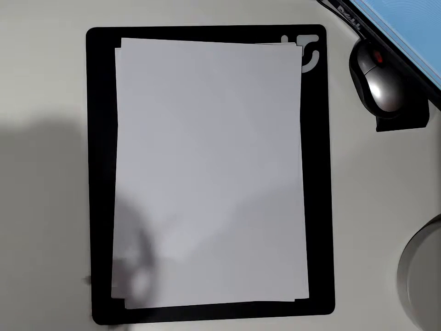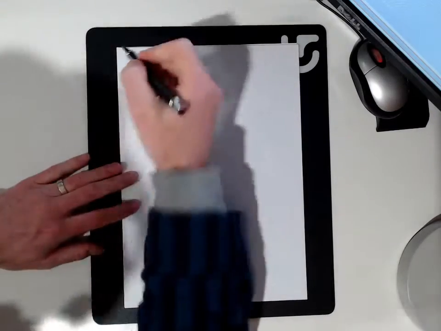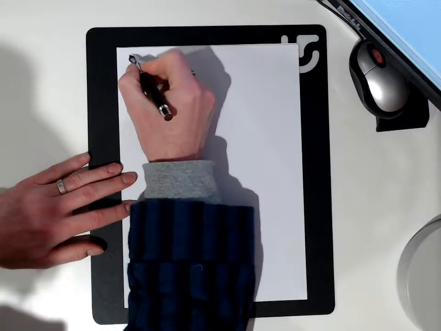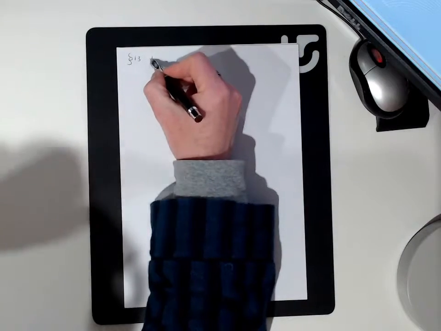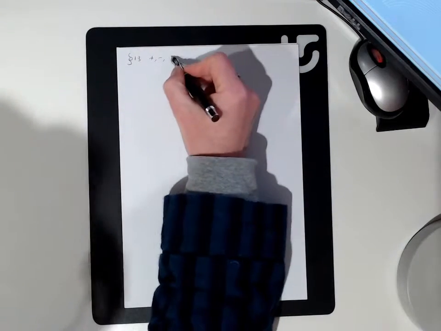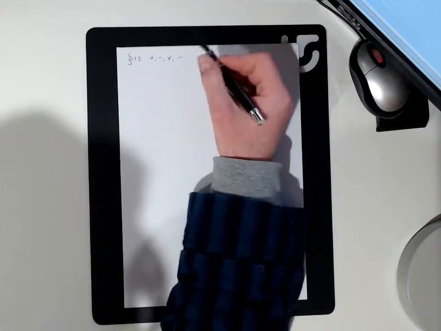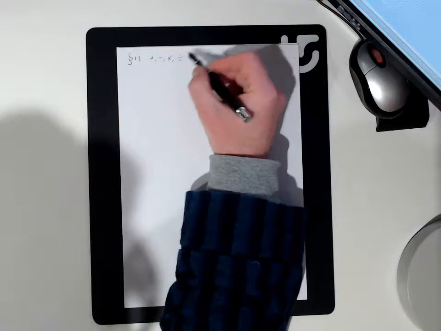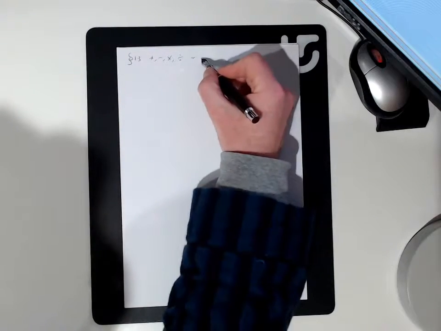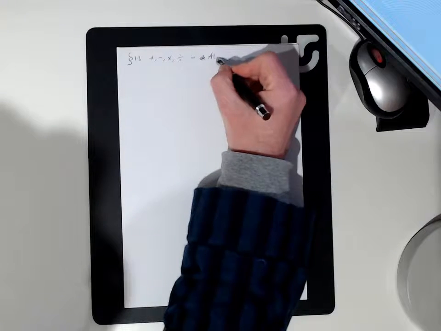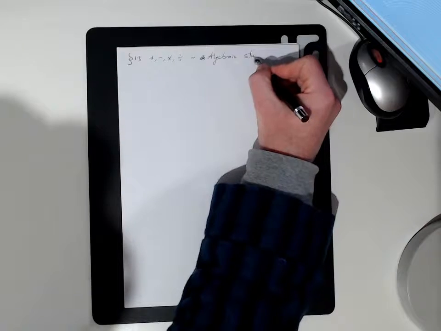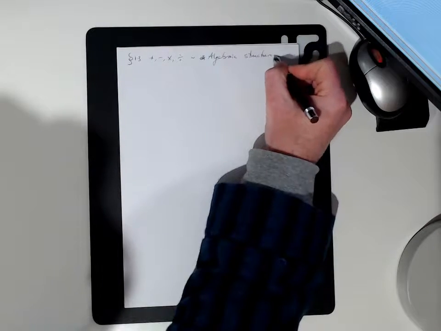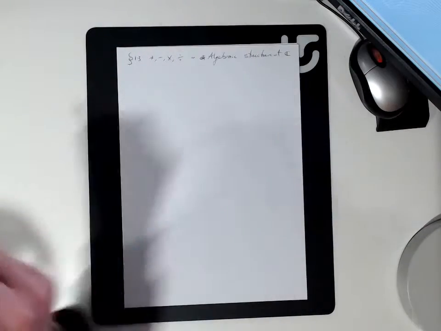Hi, so I'm going to do section 1.3 of the notes, which is all about addition, subtraction, multiplication, division. I guess it's kind of related to the algebraic structure of the complex numbers.